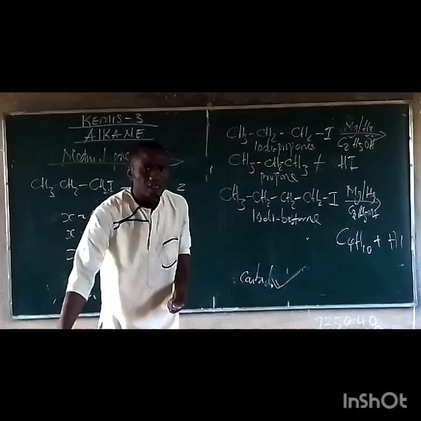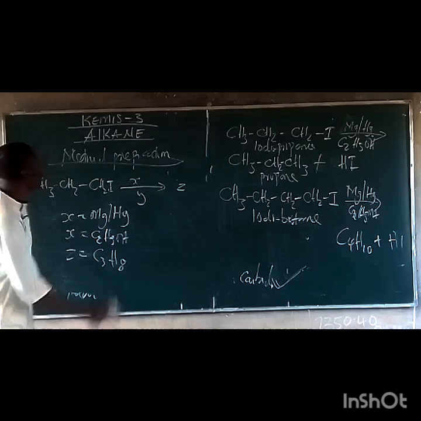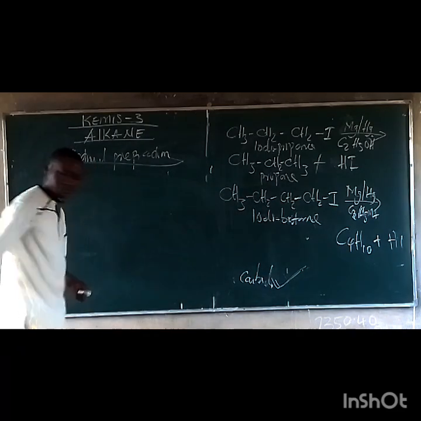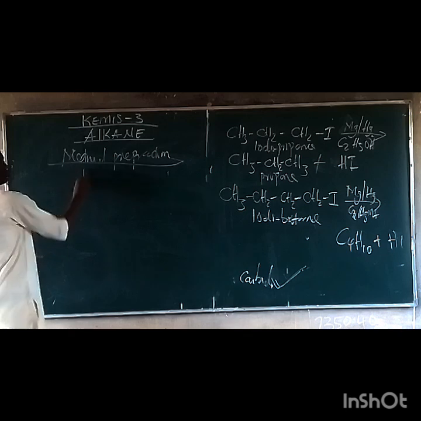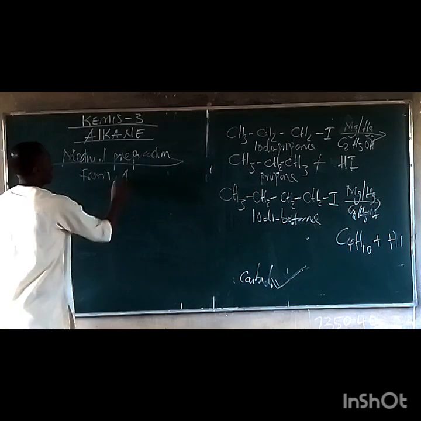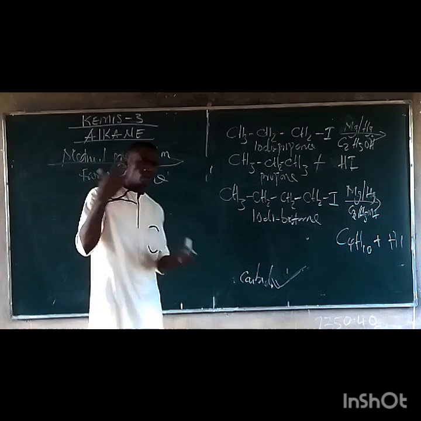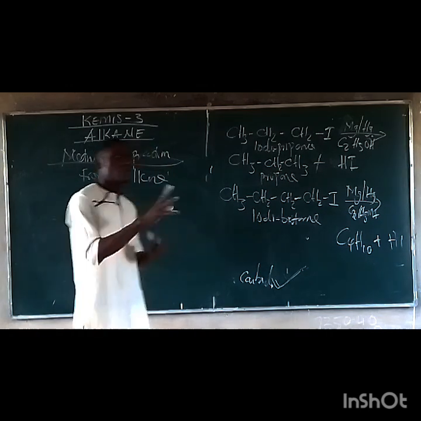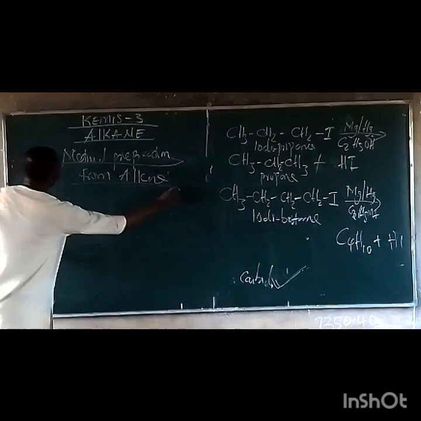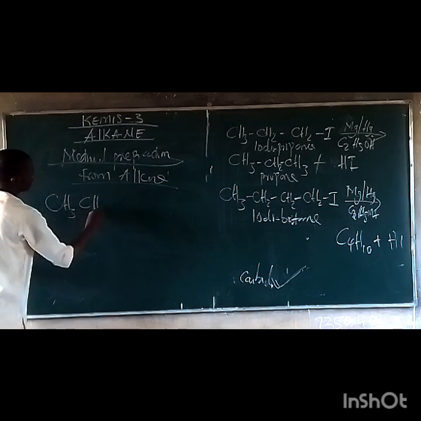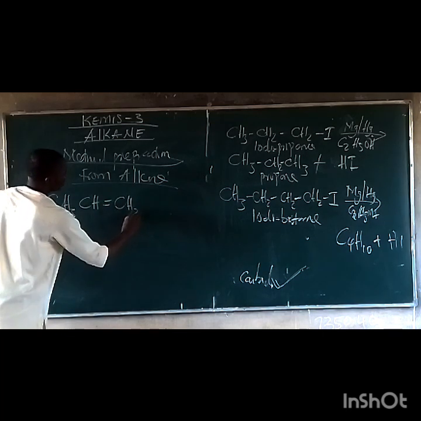Alright, now let's go back to the board. Now let's say we are using the second method, which is from alkene. If you're writing UTME, you should also pay attention to this. I think there's a question from this that comes out. Now from alkene, you have CH3, and you have CH double bond CH2.